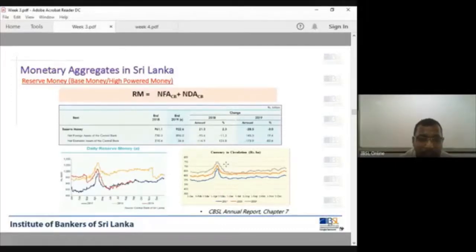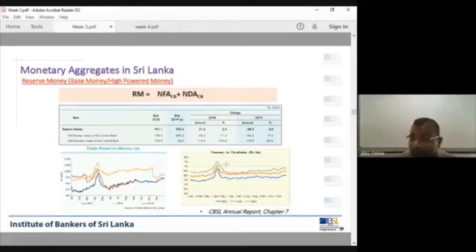Let's give it a try. Let's try to sequence the implication. So what will happen when the reserve ratio is down? What will it affect? Obviously, we have seen it will affect reserve money. Reserve money will drop.